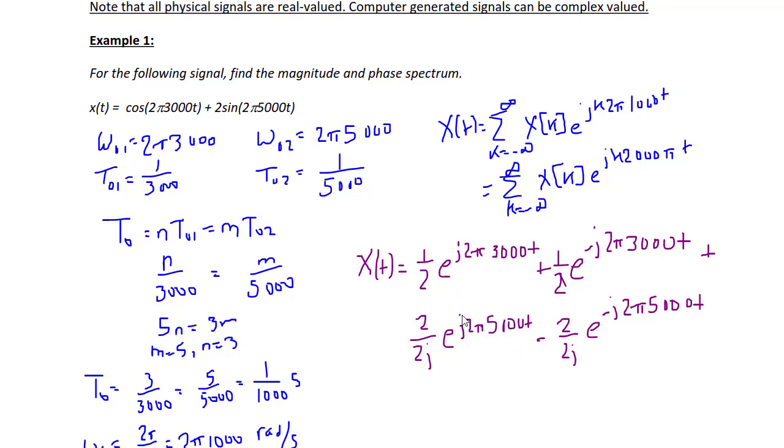And we see here that the Fourier series is made of 4 terms, where this one would be k equal to 3, this one would be k equal to negative 3, this one would be k equal to 5, and this one would be k equal to negative 5.